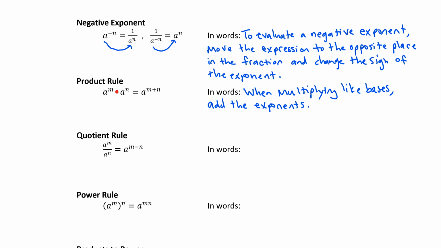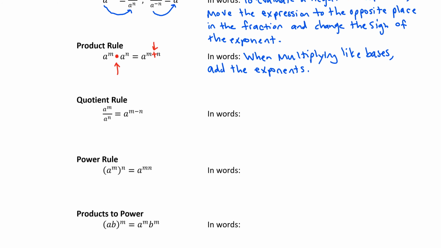Notice here I've got multiplication between the bases. By the way, the bases are the a's, the number there on the baseline. The exponents are m and n. So I have multiplication between the bases, and I'm converting this into addition in a different location, right? So the multiplication between the bases becomes addition between the exponents. Again, we'll see that same translation when we apply it to logarithmic functions.